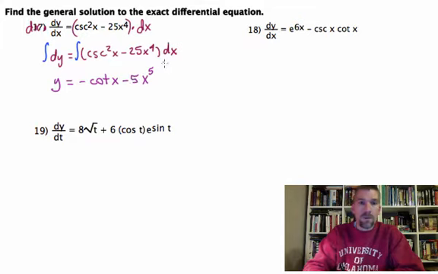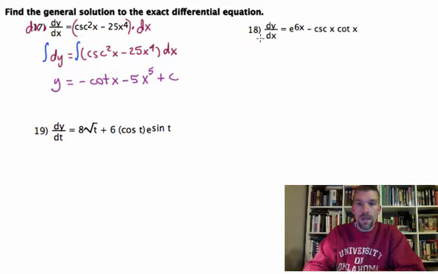So 5x to the fifth. But we want the general solution, which means any solution possible that we can come up with. And that's going to be plus c at the very end. So there you go. There's a general solution to this differential equation. Not too bad, and something that we can handle.